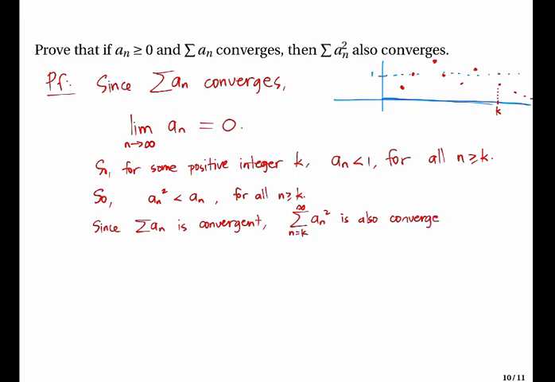And therefore, the entire series will be convergent. So, the series a sub n squared is convergent. Okay? And that's again by the comparison test. Okay? So let's put the comparison test reason in here. By comparison test.